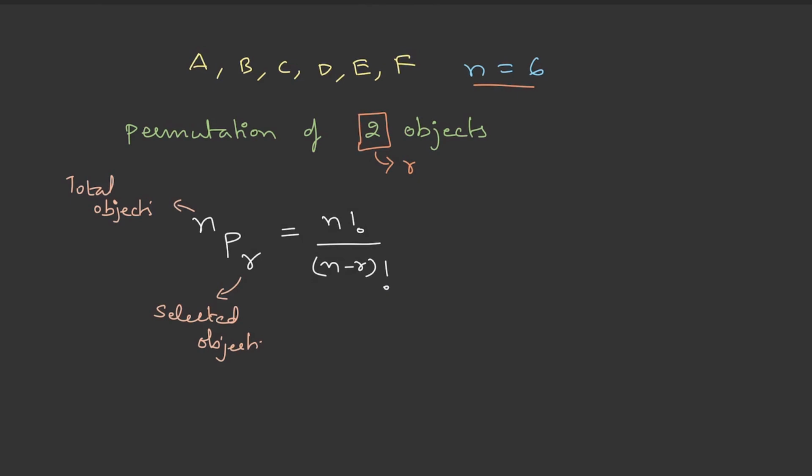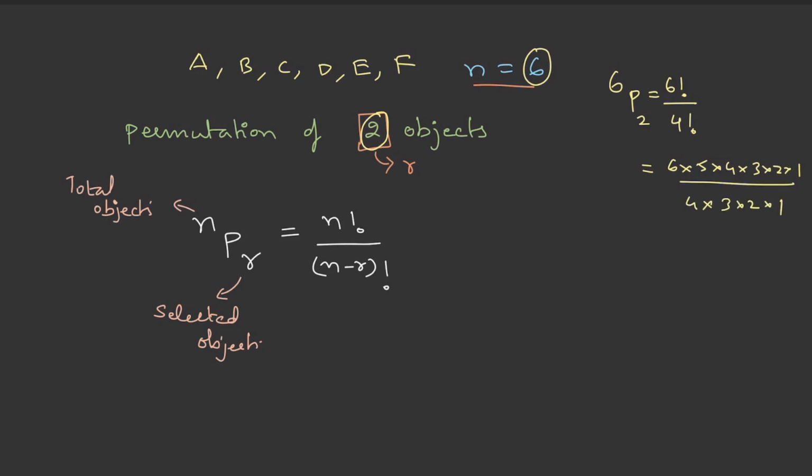For example's sake, let's try this. Here from 6 objects we are supposed to select 2. So this can be written as 6P2, which is 6 factorial by 4 factorial, that is 6 into 5 into 4 into 3 into 2 into 1 by 4 into 3 into 2 into 1. If you carefully observe, these all will be cancelled.